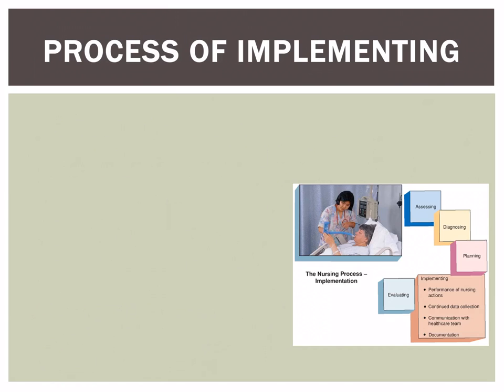We also have the process of implementing. First, we need to reassess the client. As I have mentioned in our previous discussion regarding the nursing process, in each phase of the nursing process, assessment is involved. The same concept applies in your implementation phase.